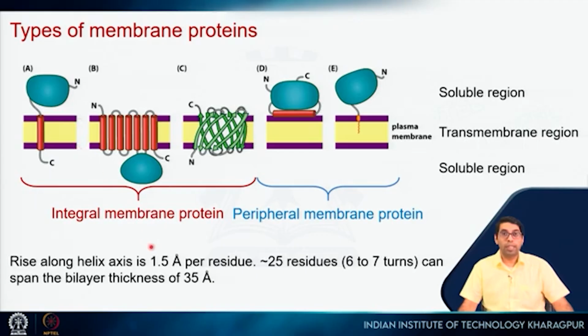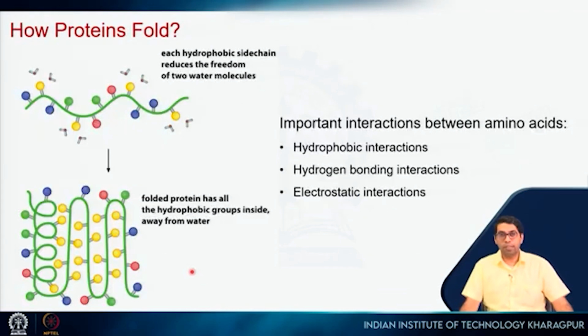So, if we divide that by 1.5, we get roughly 25 residues. So, 25 residues will form this transmembrane helix, and that will mean that it will have around 6 to 7 turns. These 6 to 7 turns or 25 residues can form a helix which will span the bilayer thickness of 35 angstrom. Let us look at the characteristics of this helix.